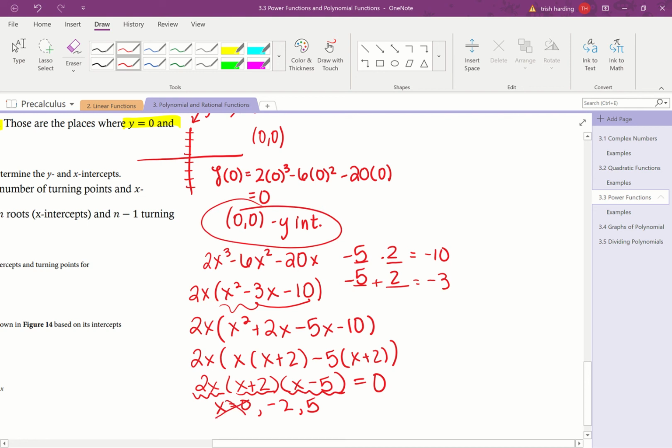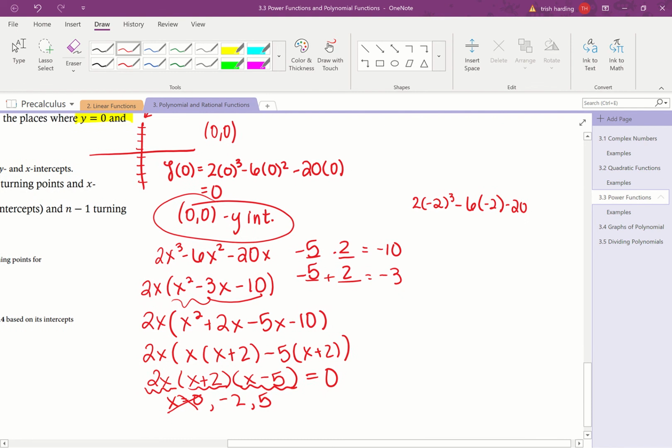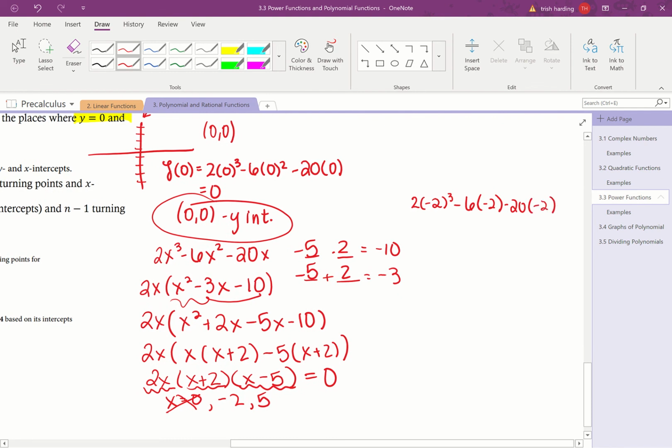So now I have -2. So we're going to have 2 times -2 to the 3 minus 6 times -2 squared minus 20 times -2. So that gives us 2 times -8 minus 6 times 4 plus 40. -16 minus 24 plus 40.